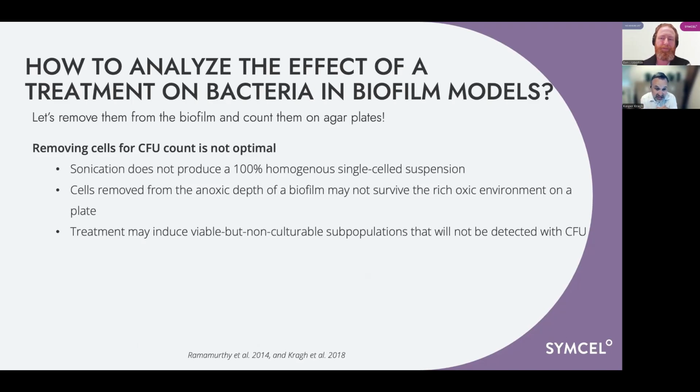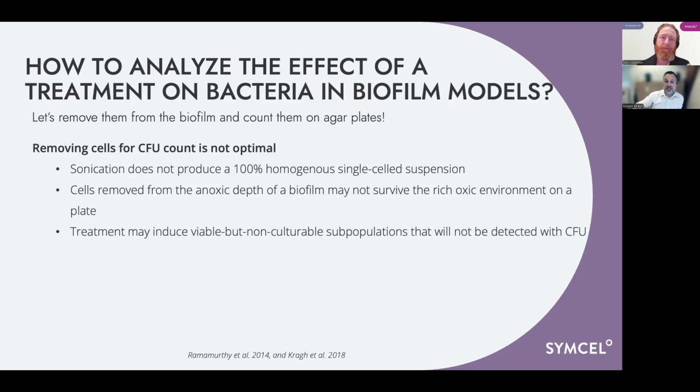Then there's also the problem of taking cells that you remove from a biofilm, from this anoxic environment where they belong with low metabolism, pulling them out, and putting them in a super rich, oxic environment, on an agar plate based on LB or Müller-Hinton. There are a lot of cells that won't be able to survive that treatment.